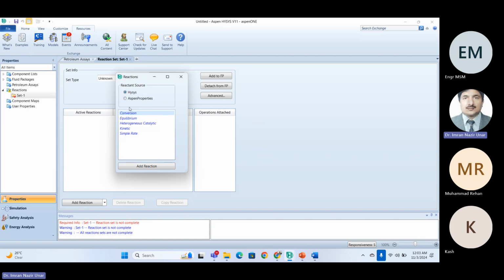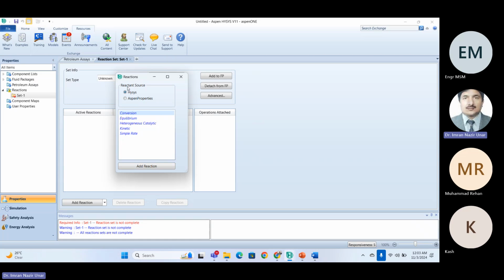Now, there is a little story behind this box. Basically, HYSYS is not Aspen's own software since its birth, but it is an alien to the Aspen group. In Aspen, all the things are available in the Aspen property package. But when they acquired HYSYS, they kept HYSYS still separate.